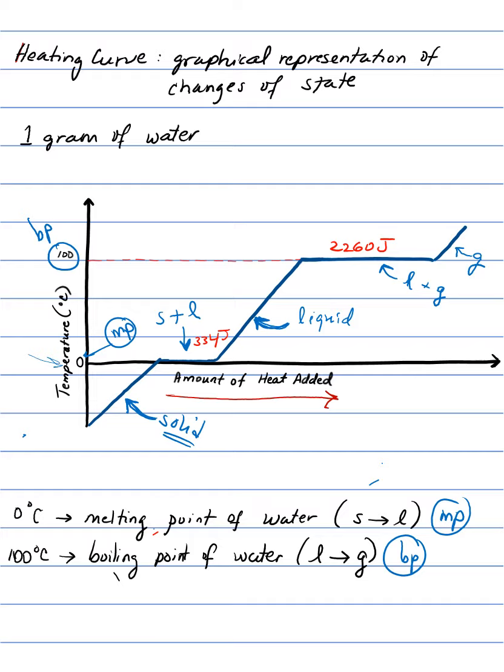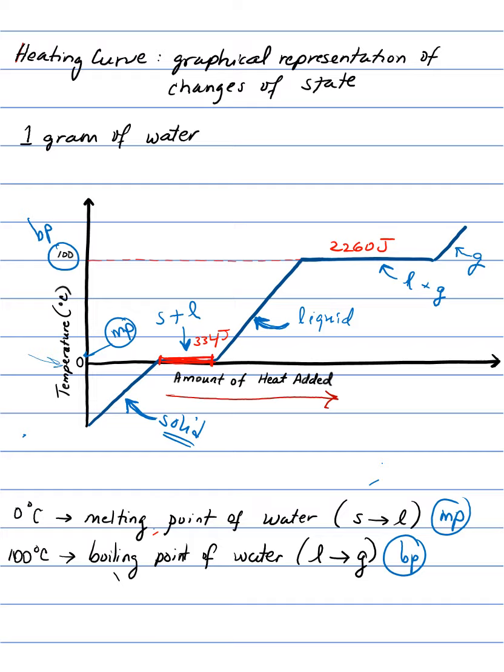The amount of heat added for your solid to become a liquid has to be 334 joules. So this line right here, the amount of heat from that point to this point, is 334 joules, which is the heat of fusion of 1 gram of water.